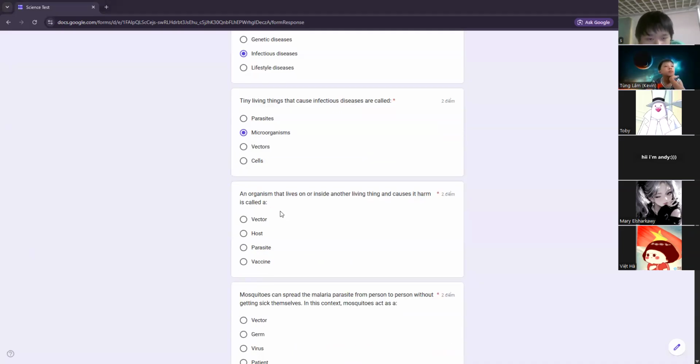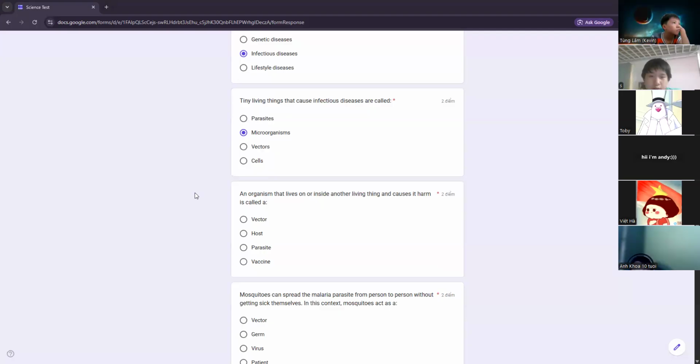Now, can anybody tell me what is the name for an organism that lives on or inside another living thing and causes harm to it? Can anybody tell me? Yes, it's a parasite.